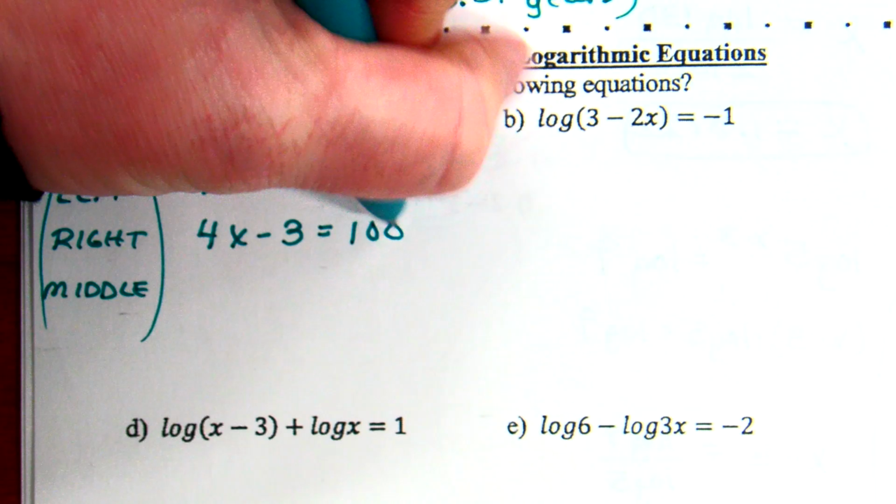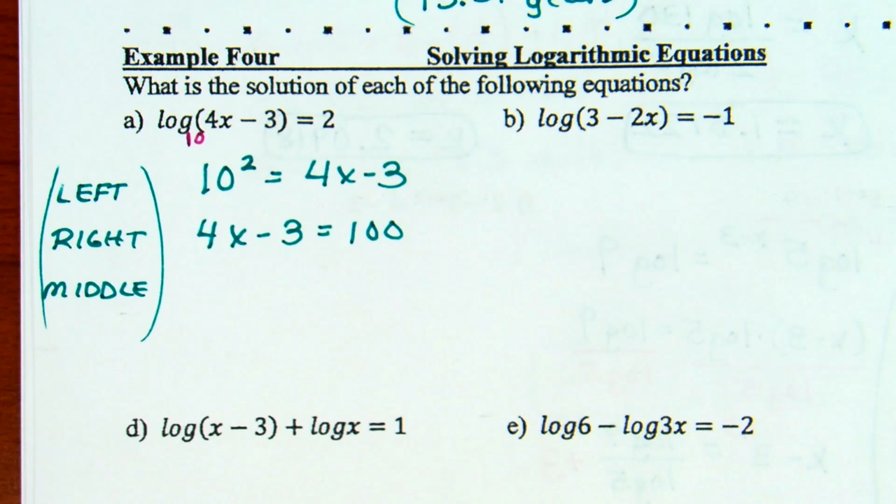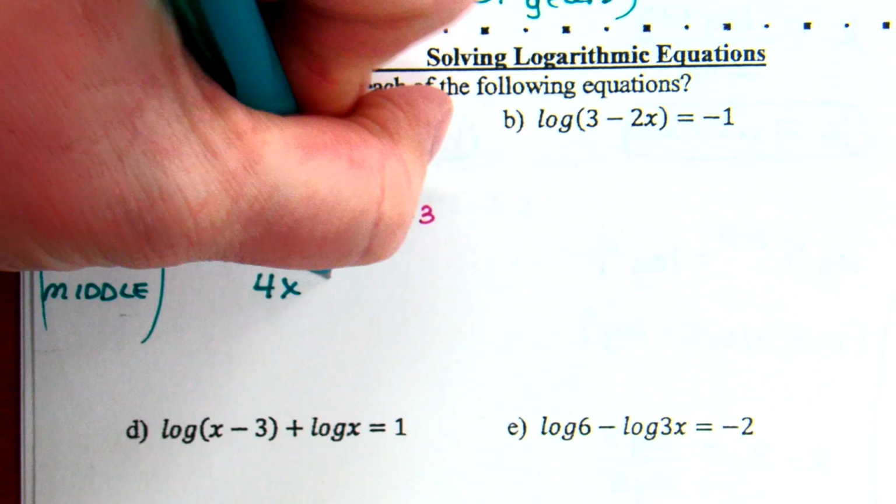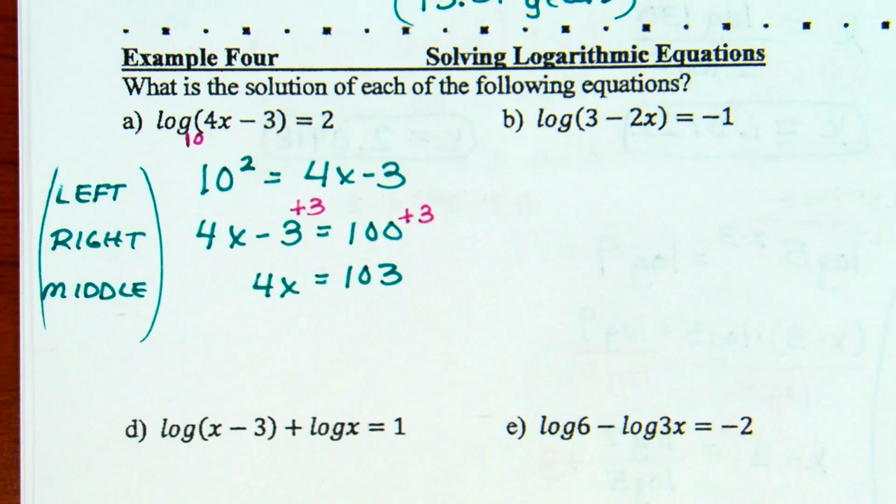Okay, go back to your middle school days. If it's 4x minus 3, what do I do? The opposite of subtracting 3 is to add 3. 4x equals 103. How do I solve for x?